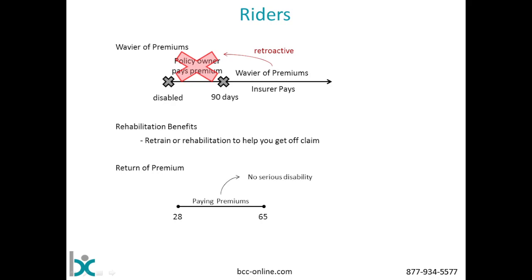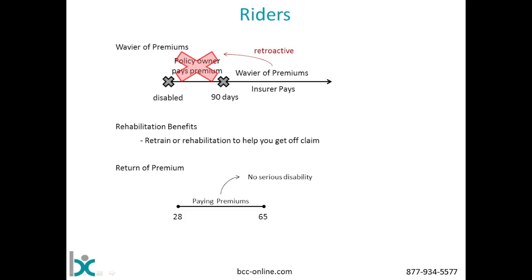Maybe they have a little disability somewhere along the way, but nothing serious, nothing that requires the insurance company to pay them out a whole ton of money. So they never have a serious disability during this whole time, and yet they've been paying premiums here for 37 years. Now you get to age 65, what do you have to show for 37 years of having paid premiums?